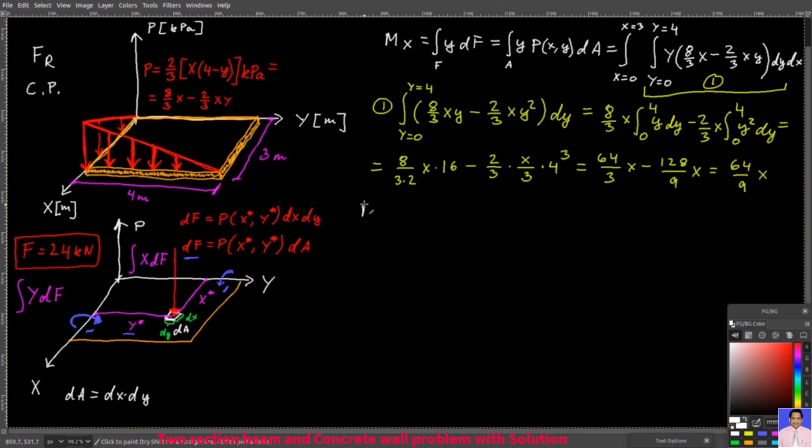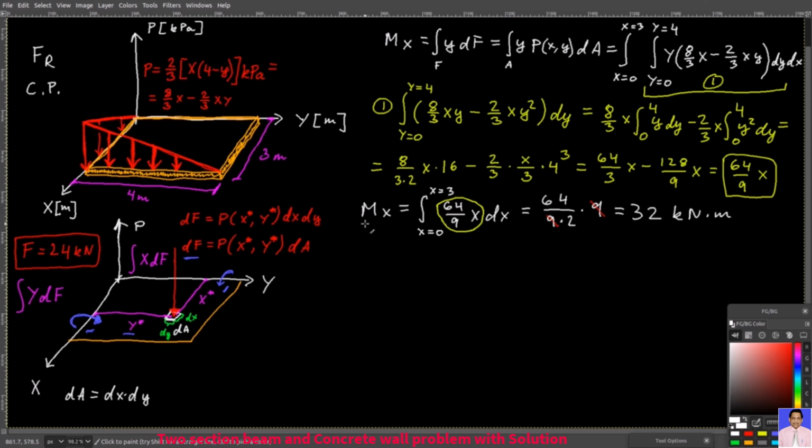And that means that Mx equals, this is your outer integral, the result from your inner integral. If you evaluate it from x equals 0 to x equals 3 meters, you will get this result. You can cancel out the 9s, and you will be left with 32 kilonewtons times meter. So that's your total moment about your x-axis, and it's in the negative x direction.